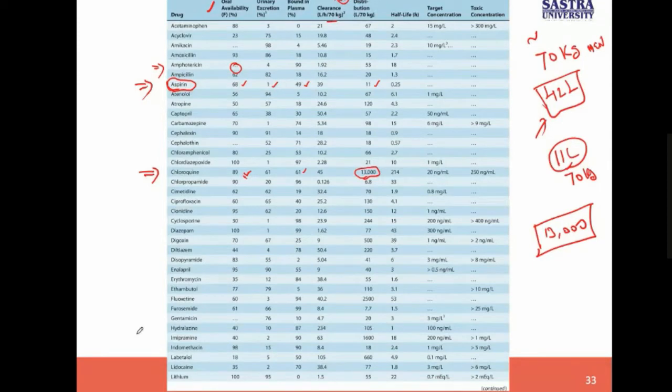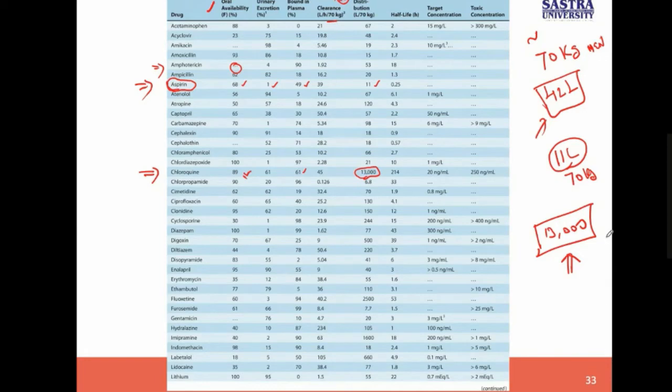The dosage of administration has higher units, right? Even if it is higher, how come this value will be 13,000? We are not considering what the dose is. We are considering what volume is required to hold the drug molecule. 13,000 liter.